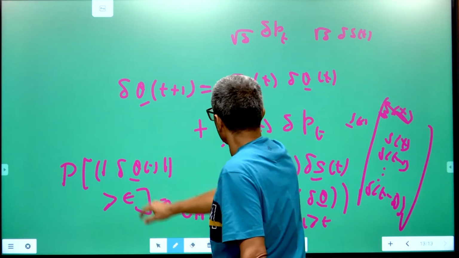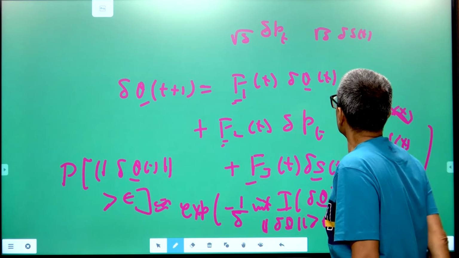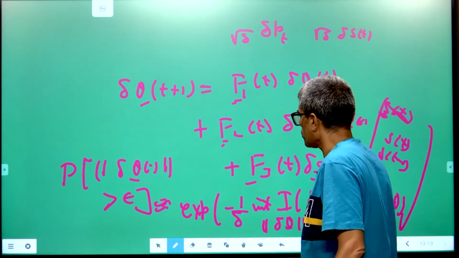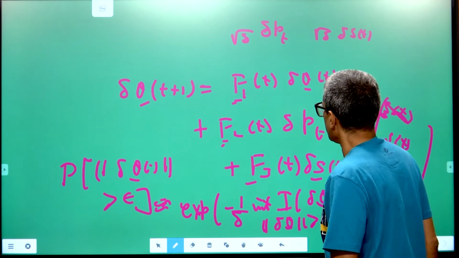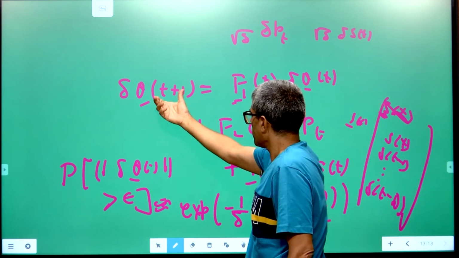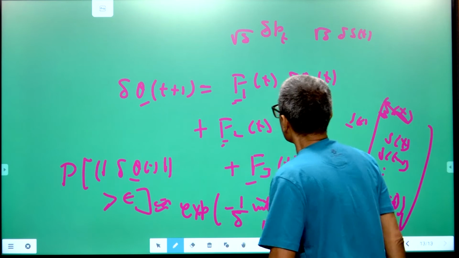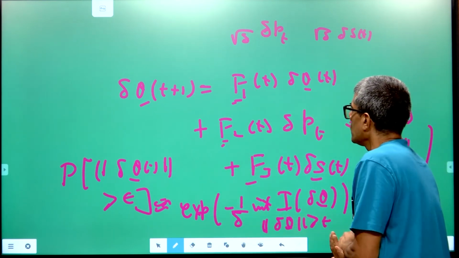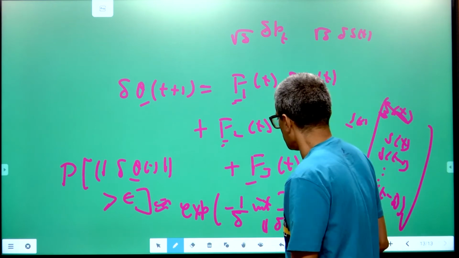You know how to compute using Schilder's theorem or using the formula for the rate function of a Gaussian process, and you can get the rate function for delta theta t by using a transformation of the rate function formula, and you can minimize this quantity.